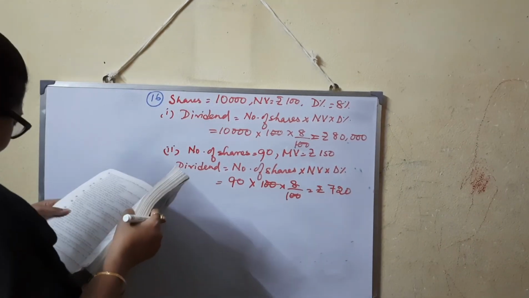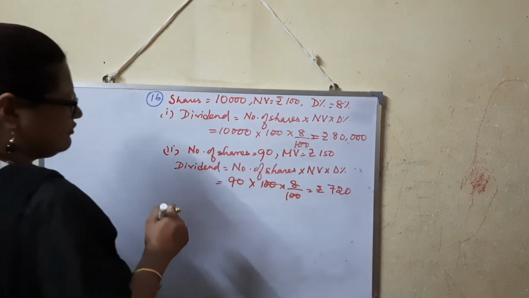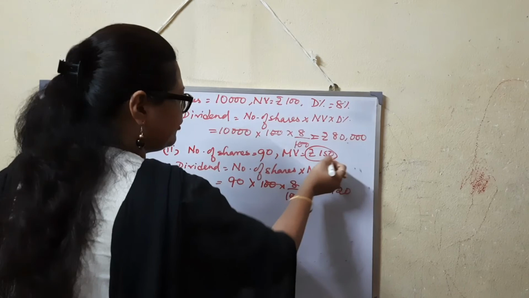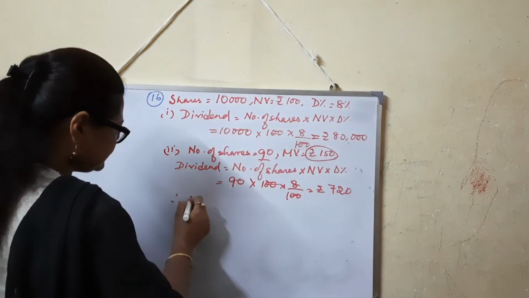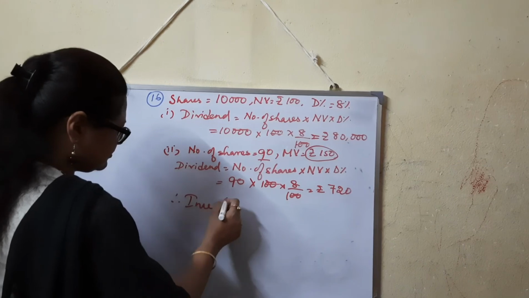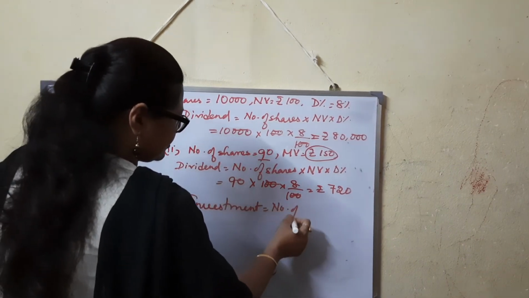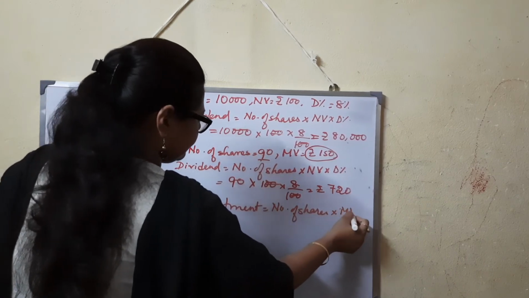Okay. Now the rate of return. So before finding out the rate of return, what we have to find? We have to find his investment. He is paying 150 rupees for 90 shares. Okay. So what will be his investment? Number of shares into market value.